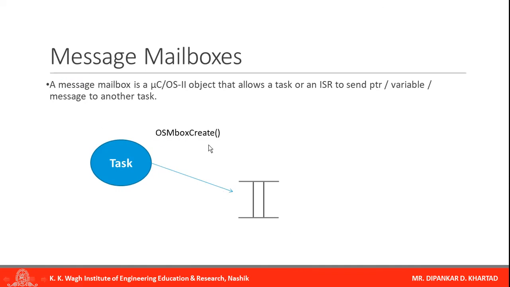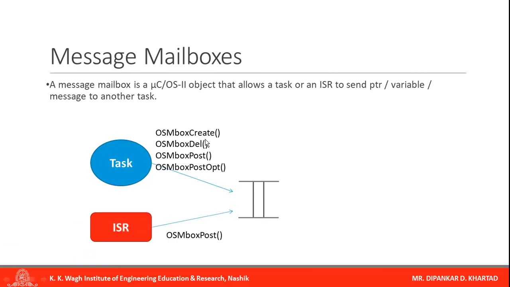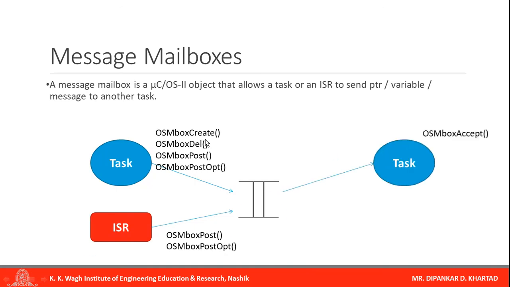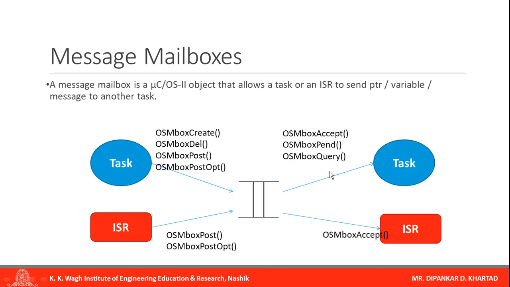So there are various services provided by the mailboxes. The first one is OS mbox create, mbox delete, mbox post option, and from an ISR we can also send the message, and it will receive the message, it will accept, it will pend, mbox query, and for ISR.